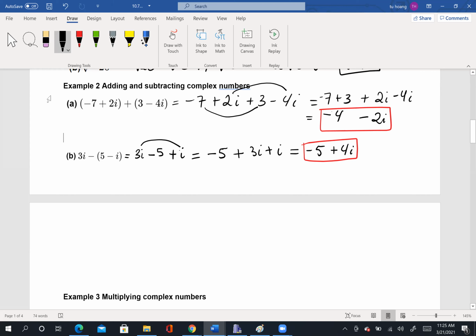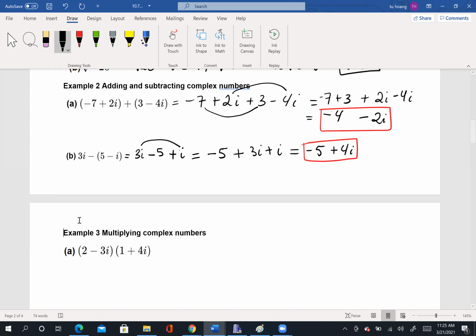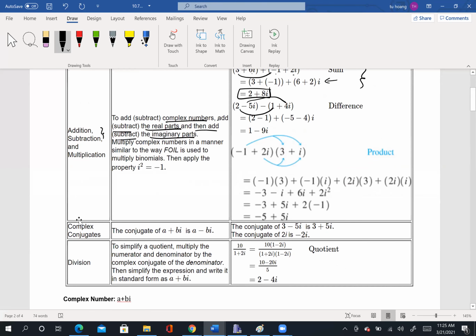That's going to be the answer of this example. Let's move to multiplying complex numbers. So how can we multiply complex numbers? It's similar to FOIL, or I mean the distribution used to multiply binomials.